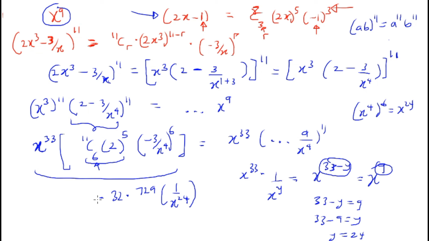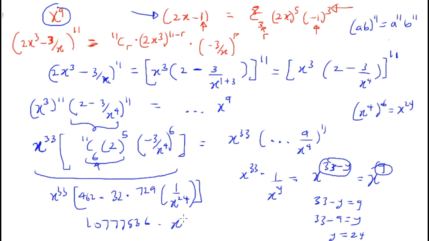11 combination 6 is 462. So 462 multiplied by 32 multiplied by 729, and that's supposed to be equal to 10,777,536.